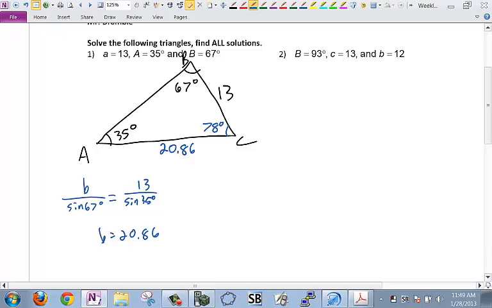The only time that gets messed up is whenever you take the reciprocal of something that could be 0. Which can the lengths of sides on a triangle be 0? No. Can the angles in a triangle be 0? No. Or 180? No. So then we can also say C over the sine of 78 degrees equals 13 over the sine of 35.